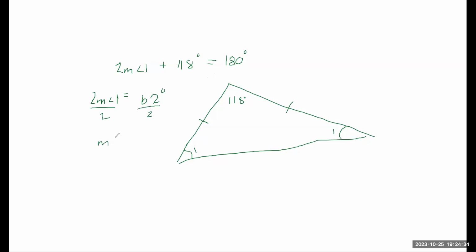We get the measure of each base angle to be 31 degrees. So this angle here is 31 degrees, and the other angle is also 31 degrees. Okay, so let's go to the next page in your notes.